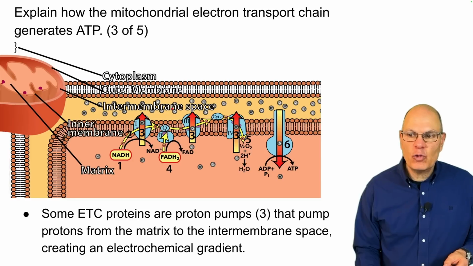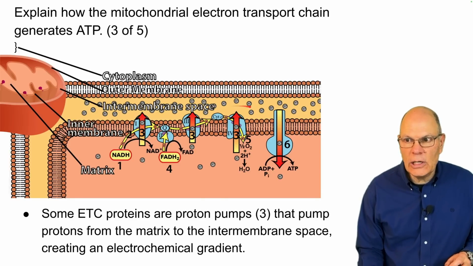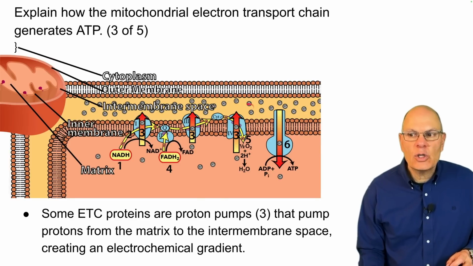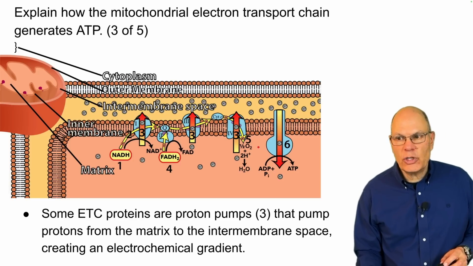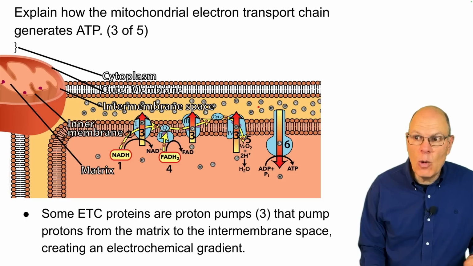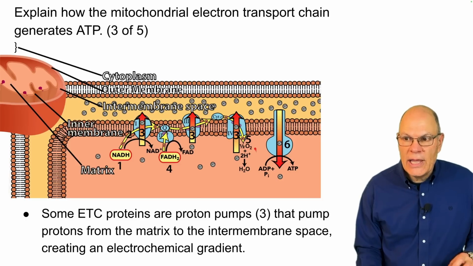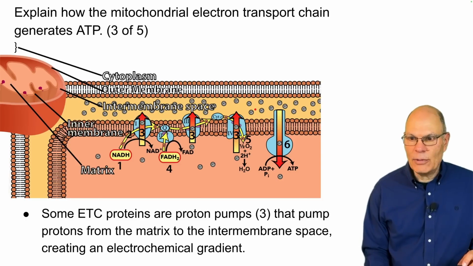Again, active transport requires energy, and that creates an electrochemical gradient. There's more protons over here, fewer over here. There's more positive charges over here. There's fewer positive charges over here. It's also a pH gradient because the pH is much lower in the intermembrane space than it is in the matrix. All those protons are trapped.